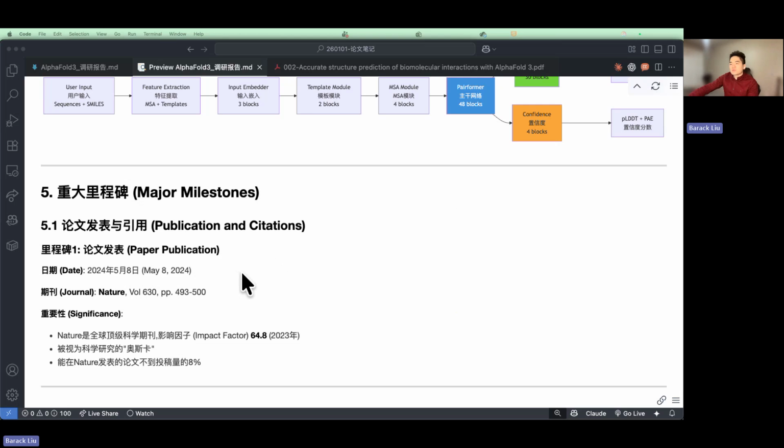Major milestones. It was published May 8, 2024, in Nature.